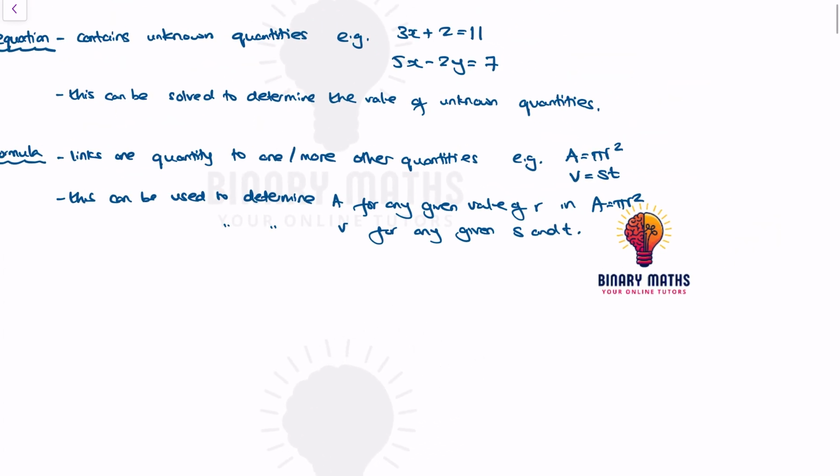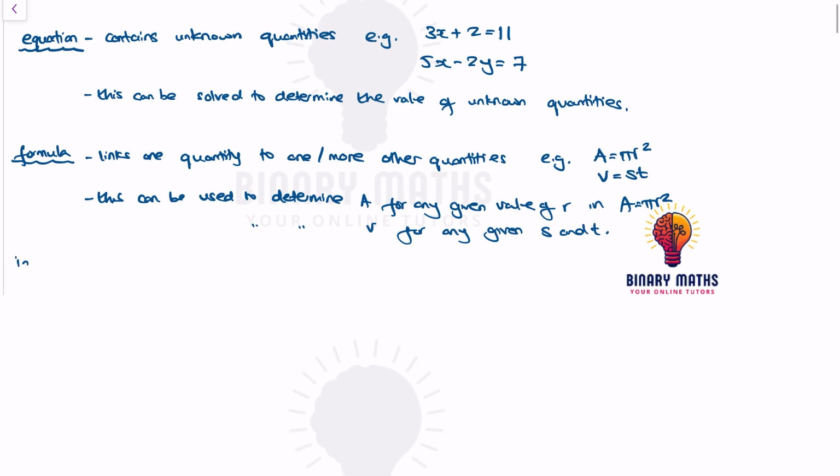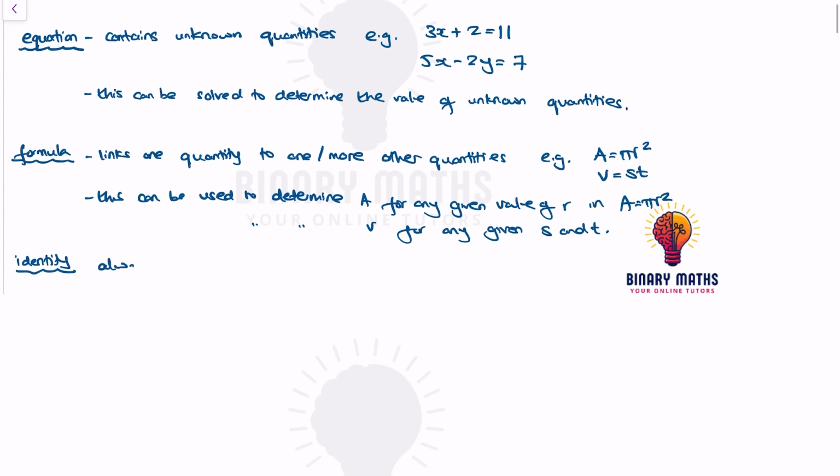Okay, the next thing you need to know is the identity. What is the definition of an identity? So an identity is always true. So it's a statement that's always true for all values of the variables involved.